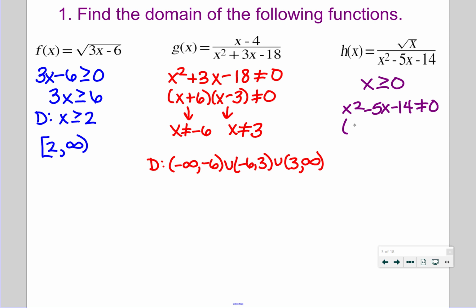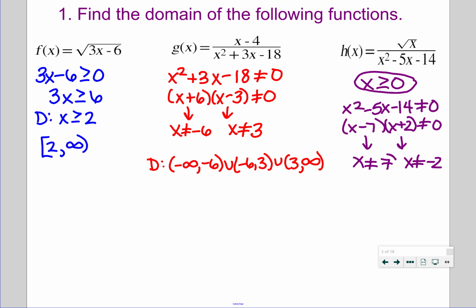If I solve by factoring, put an x in front of each parentheses, I'm trying to find two numbers that multiply to negative 14 and add to negative 5. That's negative 7 and positive 2. If I set each of those equal to 0, I get that x cannot equal 7 and x cannot equal negative 2. So we've got three pieces that we have to worry about here.